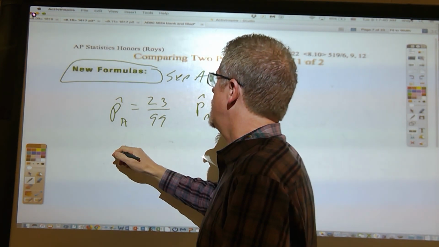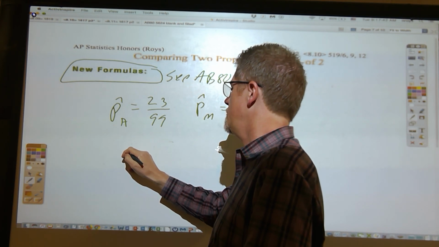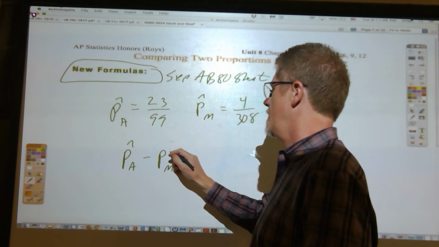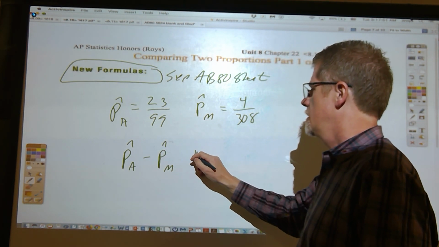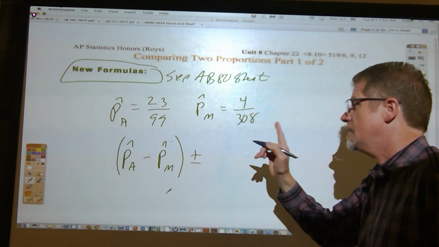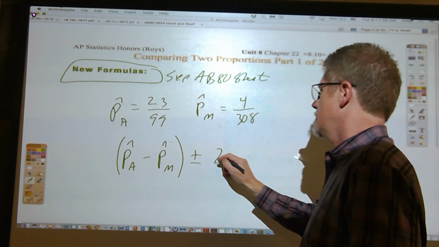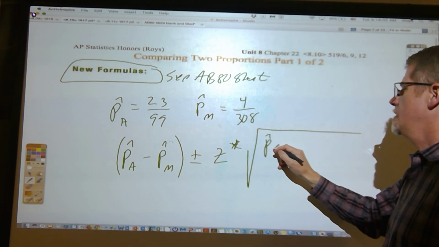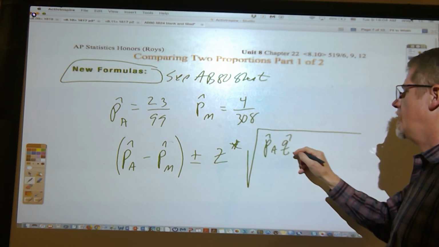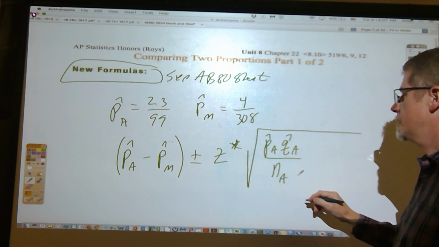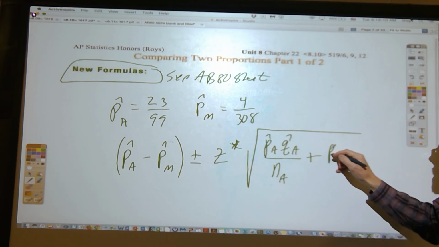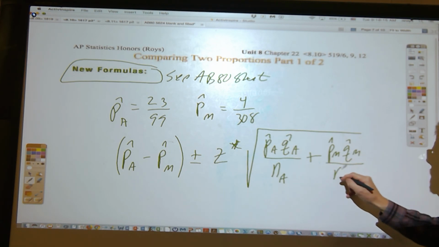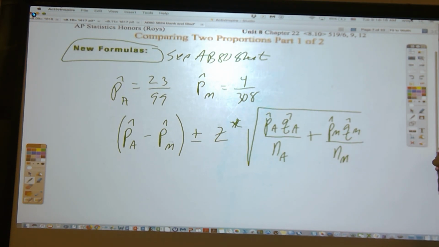So then if you want to build a trap, it would be p-hat A minus p-hat sub M, plus or minus z star times the square root of p-hat America q-hat America over n sub America plus p-hat Mexico q-hat Mexico over the number in our Mexico sample.